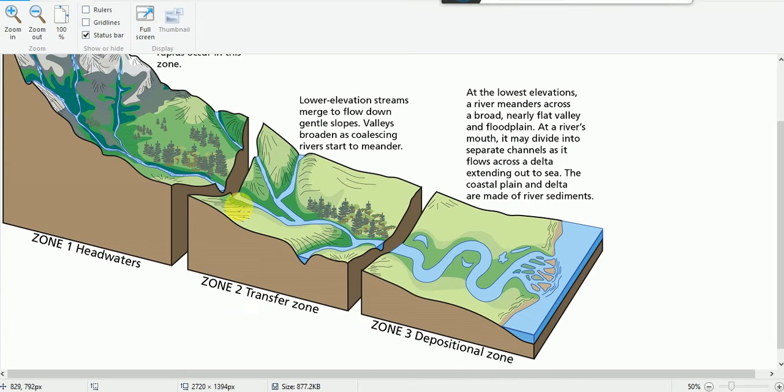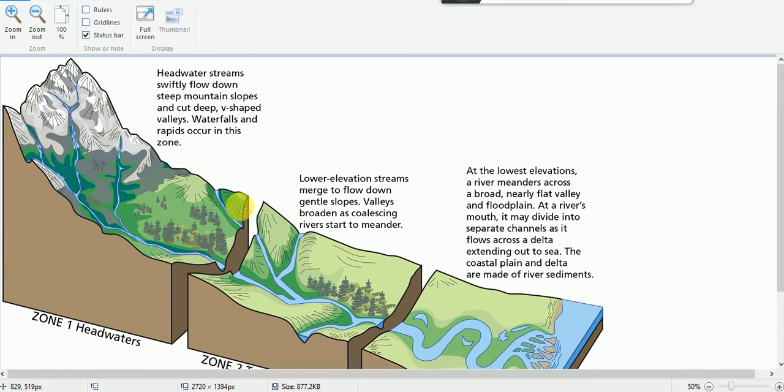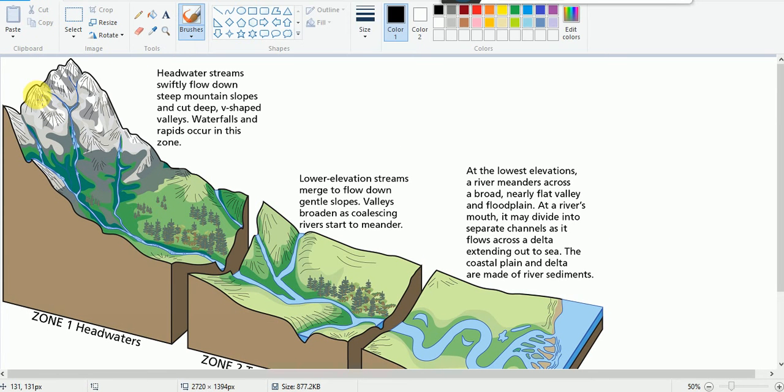Let us say this is the longitudinal profile of a river from the source area. Mountains are the source areas of the rivers, and this is their destination, maybe the ocean or a lake.